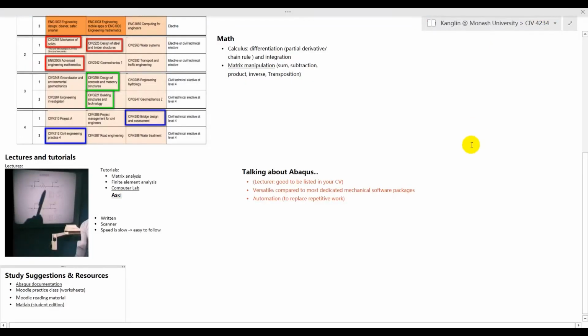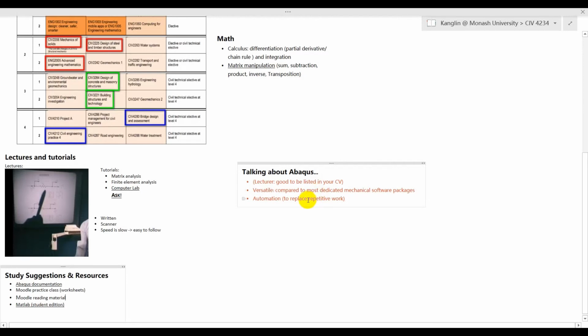From my experience, there are also some geotechnical engineering companies that require knowledge of Abaqus. The other benefit of Abaqus is that it's very versatile compared to most dedicated mechanical software packages. That means not only mechanical engineers can use it, civil engineers can use it too.